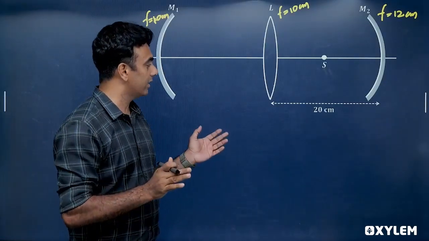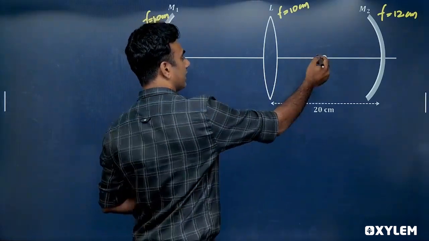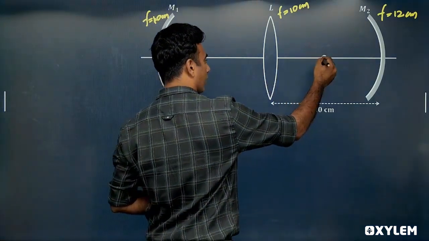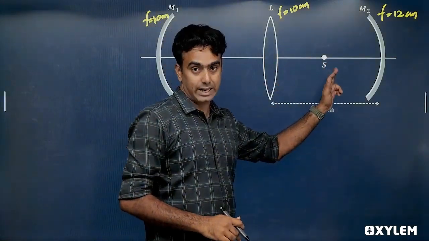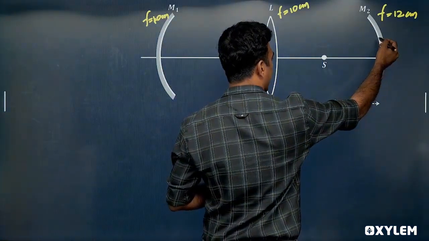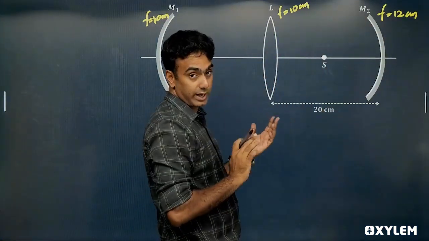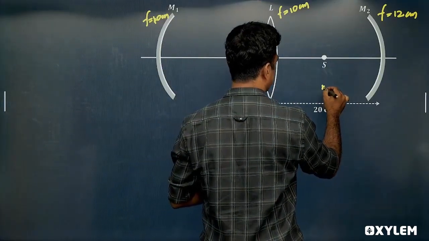In an exactly similar fashion, you can consider here, this is the source or the object, and the light rays from this object, let me consider, are first incident on M2 and will be reflected back into the lens. Therefore, let me consider this distance.